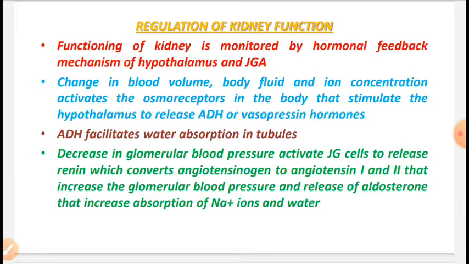ADH can also affect the kidney function by its constrictory effect on blood vessels. This causes an increase in blood pressure. Increase in blood pressure can increase the glomerular blood flow and therefore GFR. GFR means glomerular filtration rate.